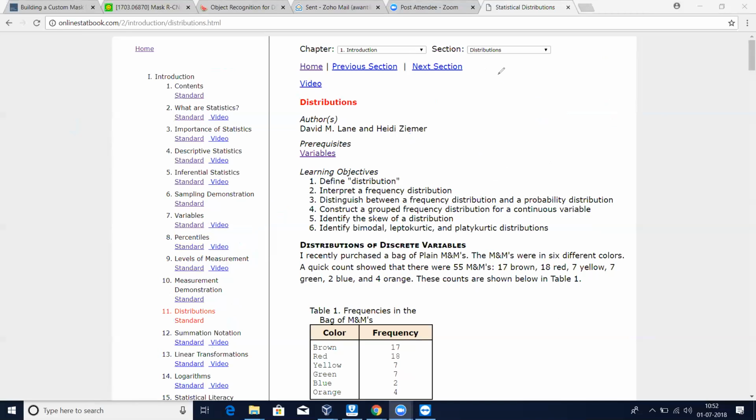How is data distributed? For example, if you have a table that has all the employees of a company's information, and all the employees are there. One of the columns is color of eye.